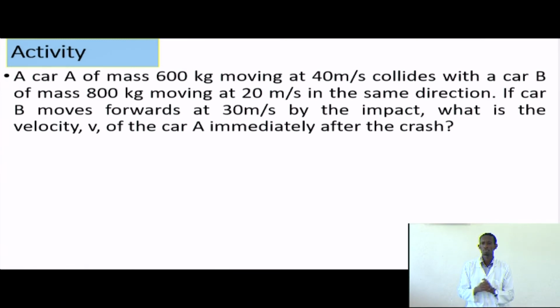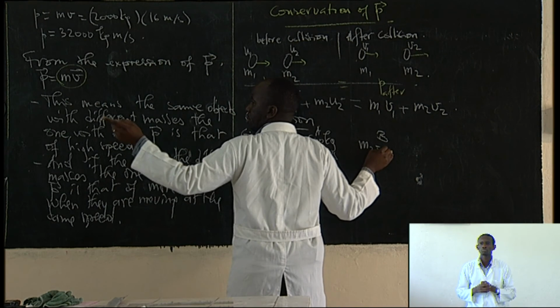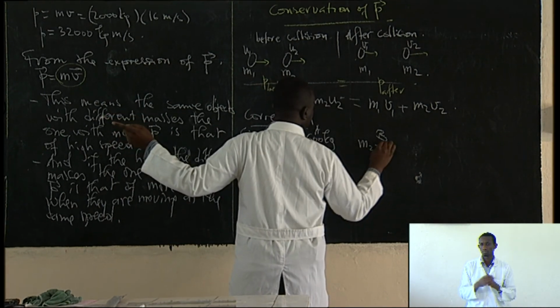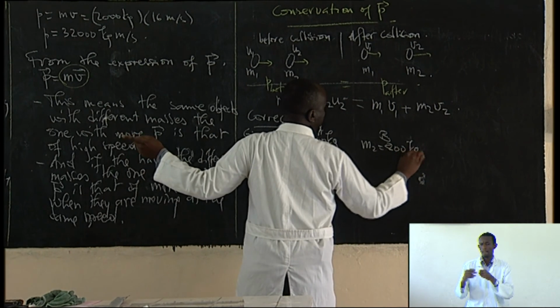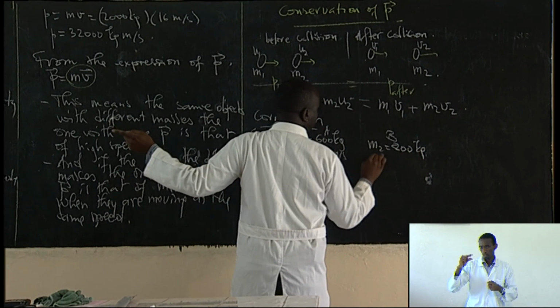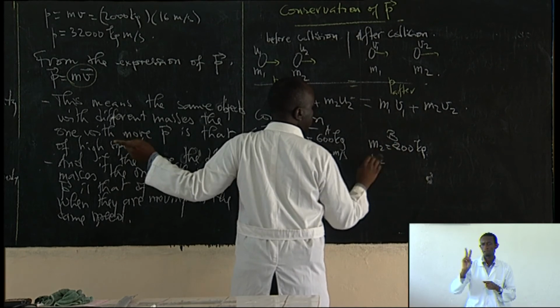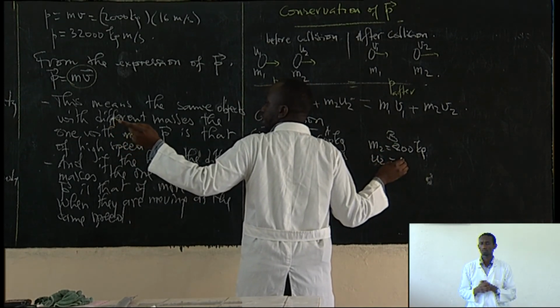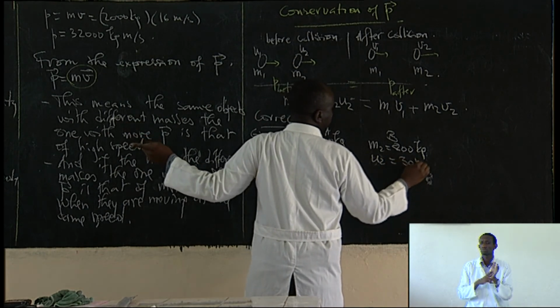B has a mass of M2 equals 8 kilogram. And then we have a V2. No, this is U2 because it is initial, at 30 meter per second.